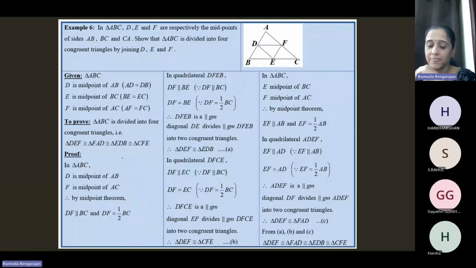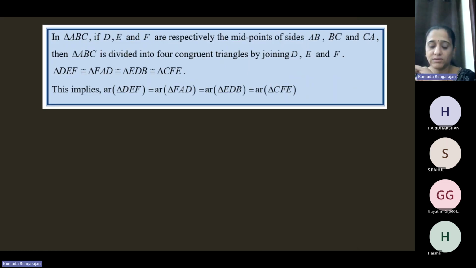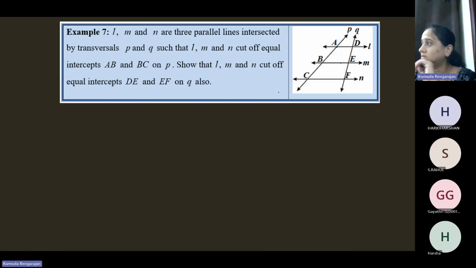All right. The others will be pretty fast. Here you all remember the midpoint theorem and the converse of the midpoint theorem, right? For the midpoint theorem, two midpoints should be given. The result will be one side is parallel to the other side and that side is equal to half of the other side.